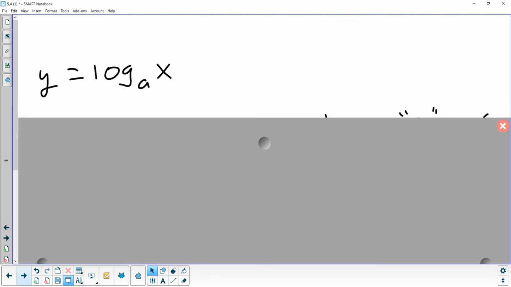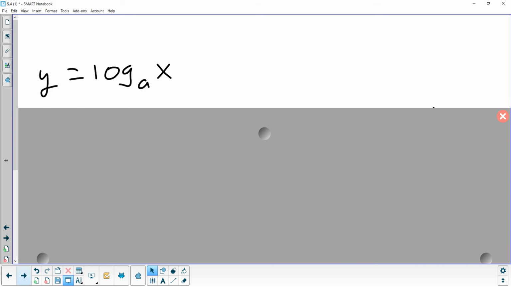All right, so this is how you write a logarithm. And let me show you if this was like a piece of lined paper, what it would look like. The y, the equals, the log, and the x would all be right on the line on your paper. The a is a subscript. It would be below the line.